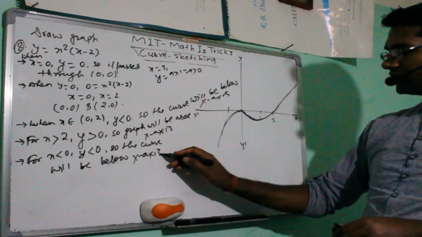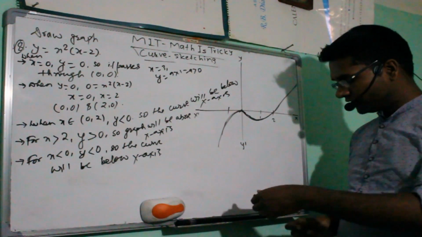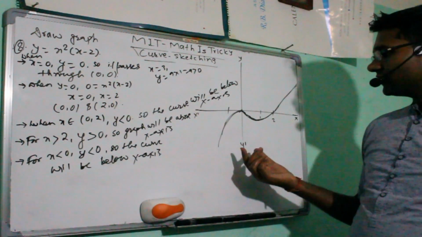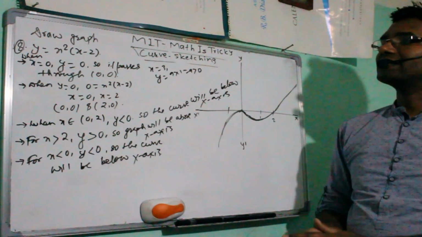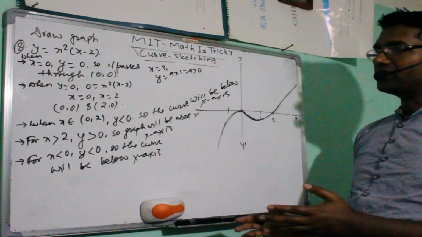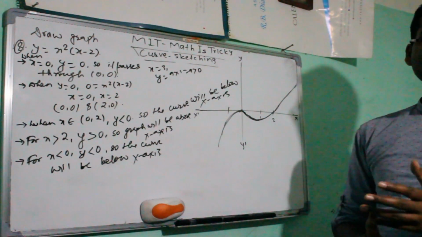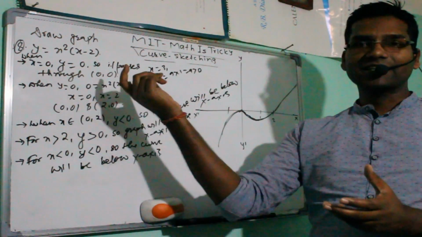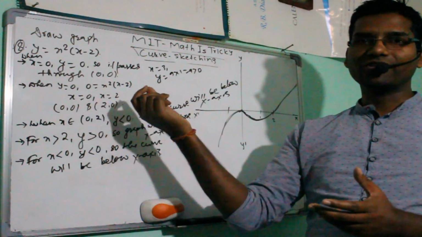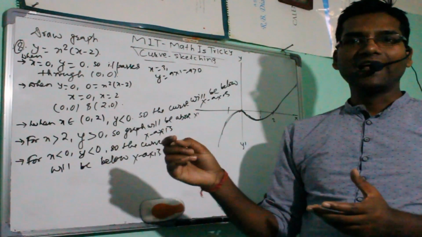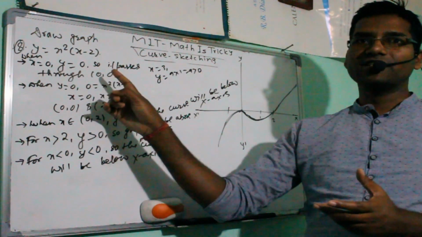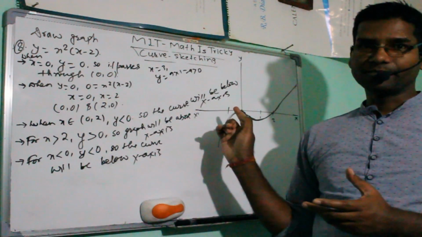On the basis of these characteristics that we have obtained, this is the graph for y equals x squared times (x minus 2). So remember what I am doing here to solve the problem. At first I am checking whether the graph is passing through the origin or not. For that you put the value of x at 0 and find the value of y. In this case we got both x and y 0, so it passes through the origin.